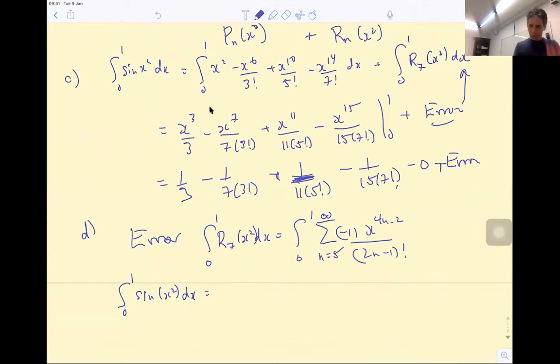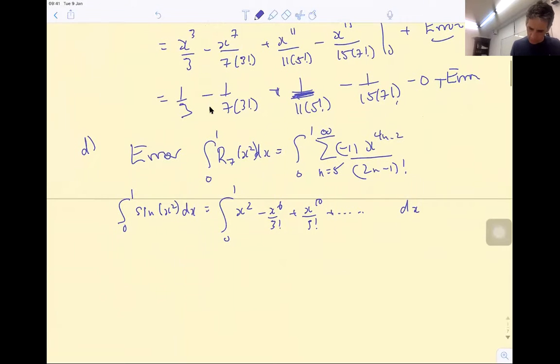Well, the full value of this would have been the integral from 0 to 1 of x squared minus x to the 6 over 3 factorial plus x to the 10 over 5 factorial on and on forever, dx.